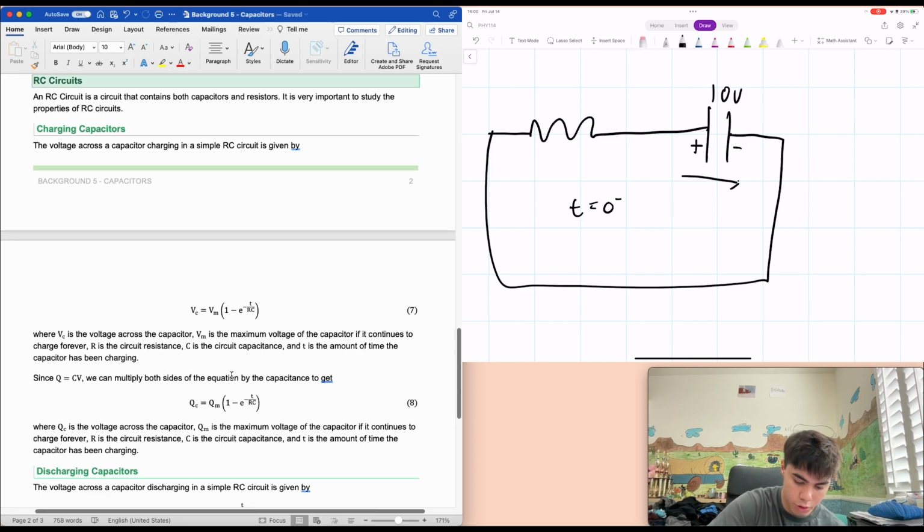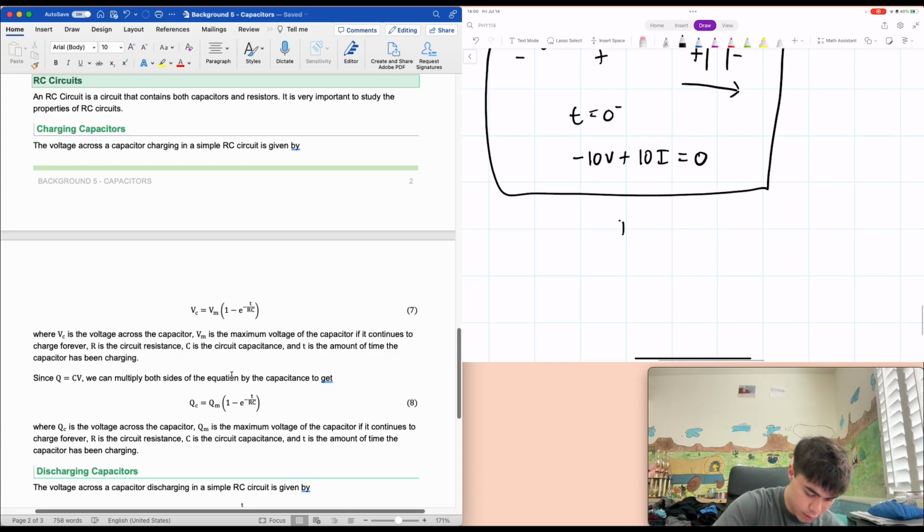Here we have a drop of 10 volts, and then here we have an increase of 10I, this is 10 ohms, and so we get I equals 1 amp.